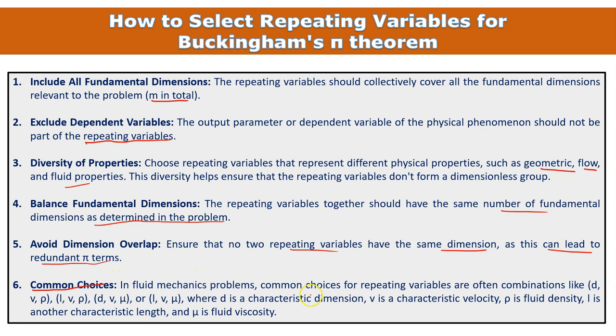In fluid mechanics problems, a common choice of repeating variables often combines D V rho, or L V rho, or D V mu, or L V mu, where D is the characteristic dimension, V is a characteristic velocity, rho is fluid density, L is another characteristic length, and mu is fluid viscosity.